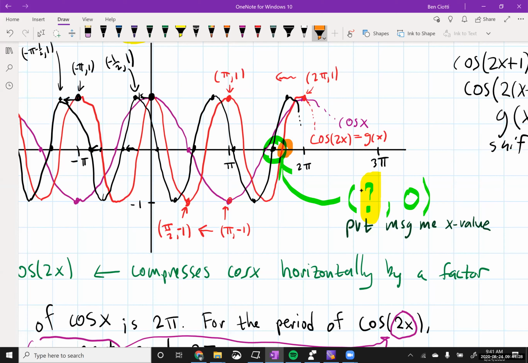It was not 3 pi over 2. Let me plot a point on the red graph.